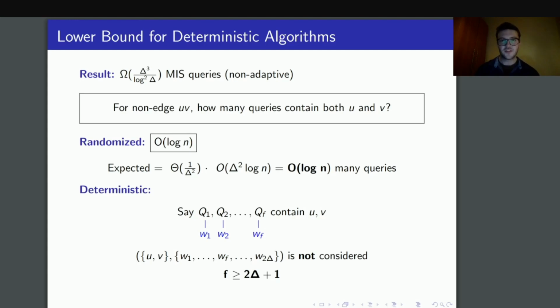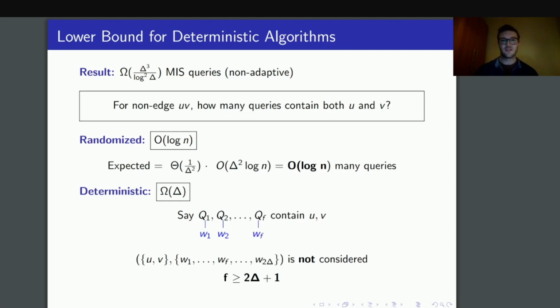Only when this condition is satisfied will all witnesses for U and V be considered by our deterministic algorithm. This is where our factor of delta difference shows up. We need omega of delta of these queries that contain U and V, whereas for our randomized algorithm, we only ever needed O of log n.